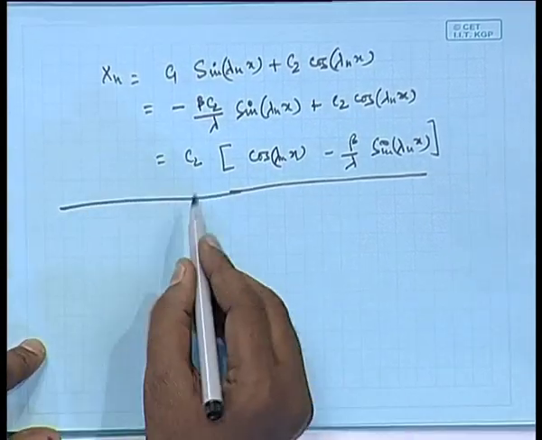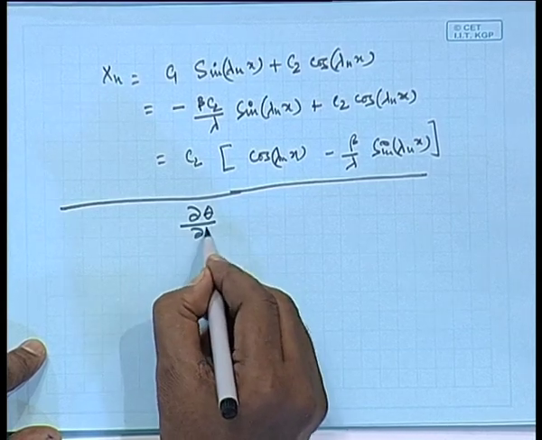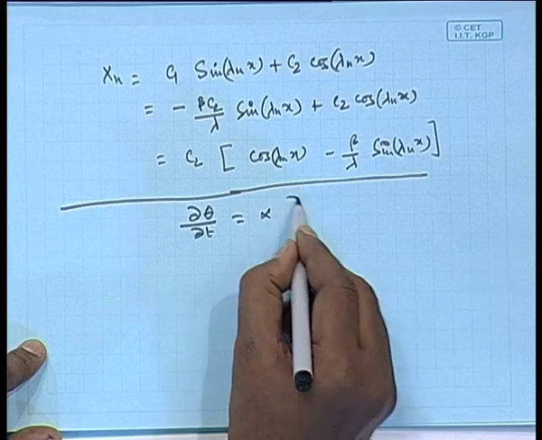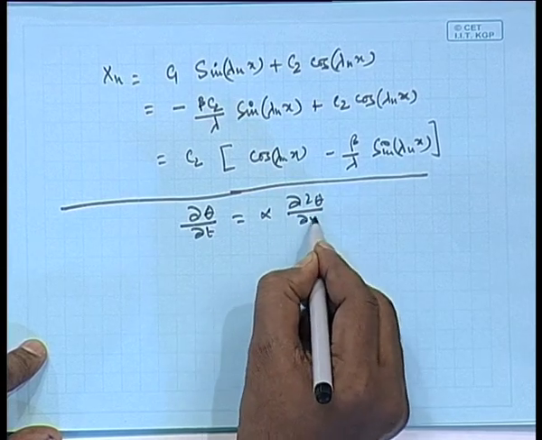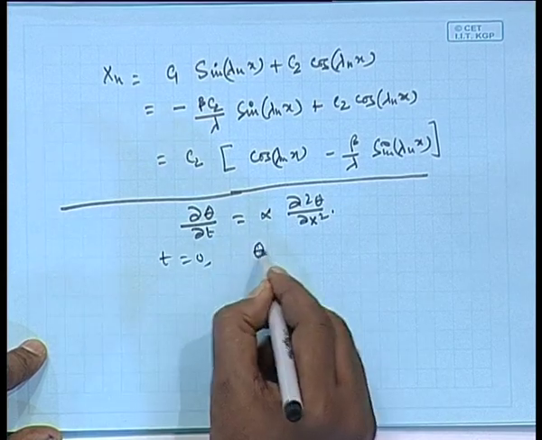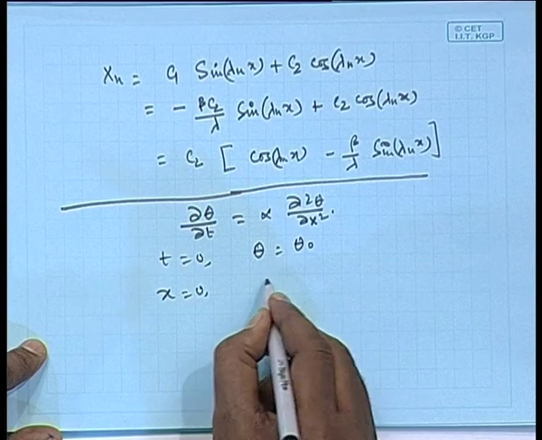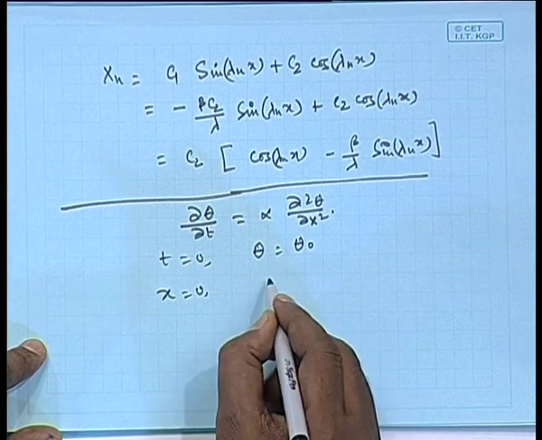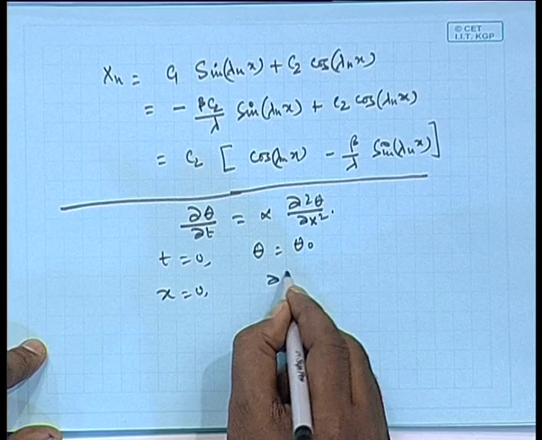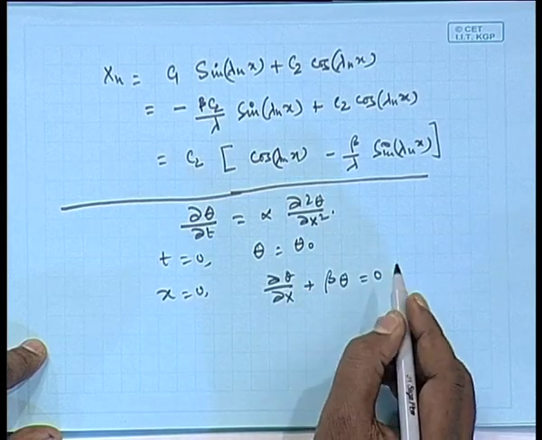What was the original problem? The original problem was del theta del t equals alpha del square theta del x square. At t equal to 0, theta was equal to theta naught. At x equal to 0, you had del theta del x plus beta theta equal to 0.